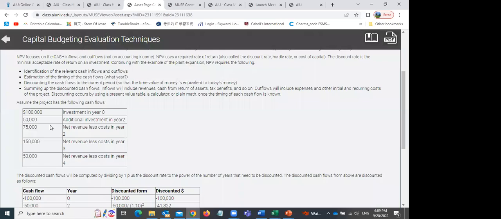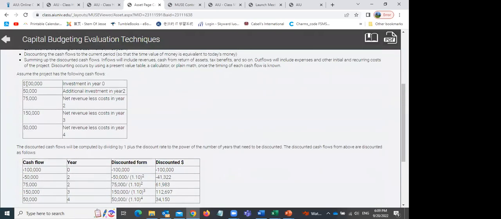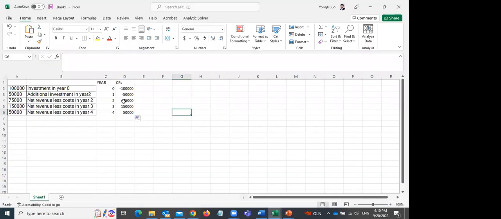So we have an example here, right? Assume the project has the following cash flow. When we do capital budgeting, usually we get all the information, the cash flow and the years, in a format like this. Okay, anyone has any questions?